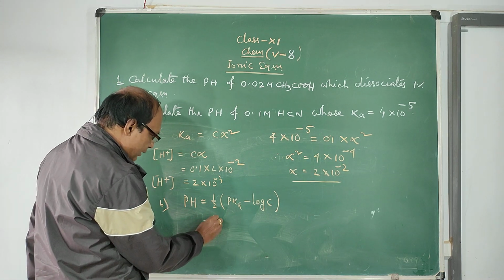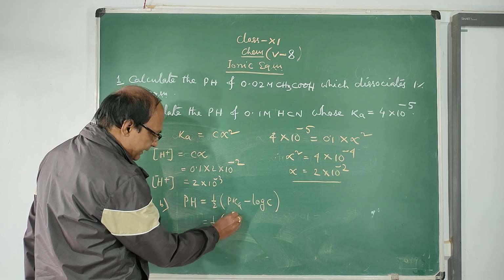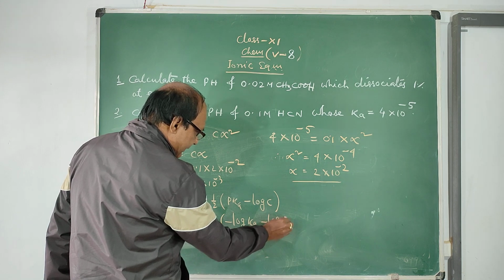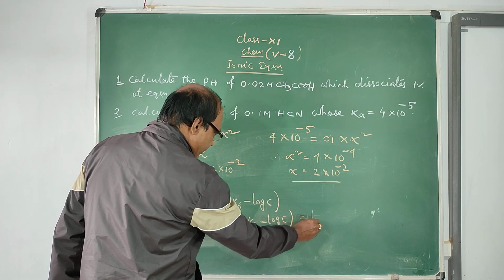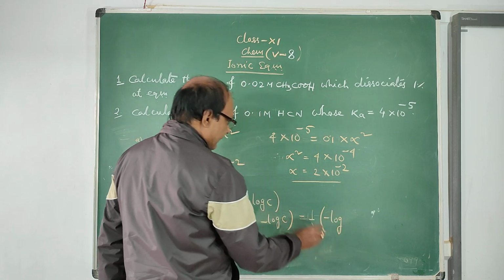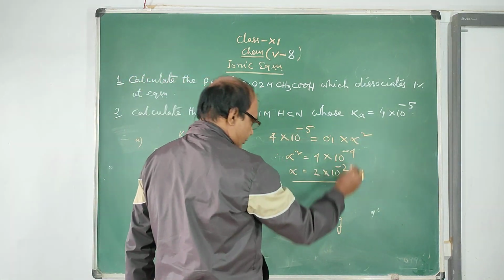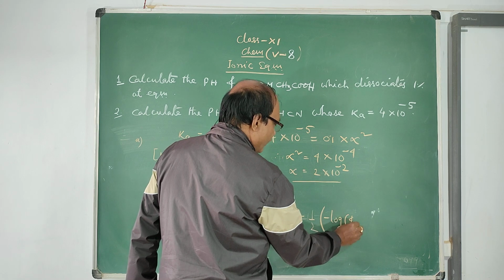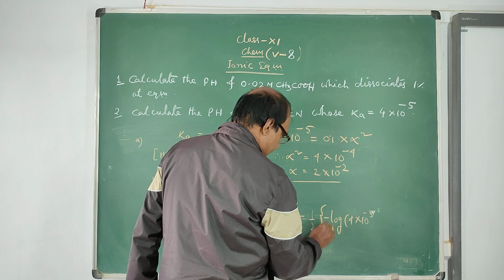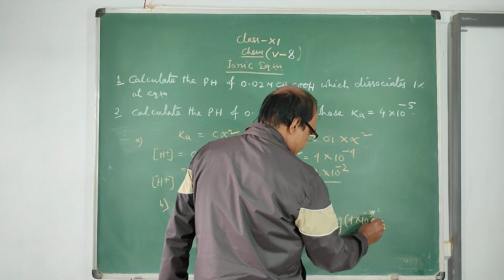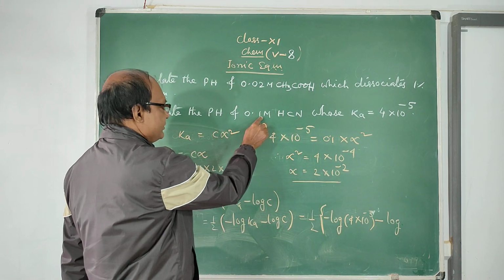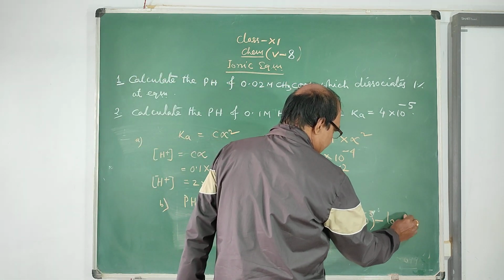So pH equals half of pKa minus log C, that is, half of minus log Ka minus log C. Ka is given in the question itself: Ka equals 4 into 10 to the power minus 5. So this is a double bracket, minus log C. What is the value of C? C is 0.1, 10 to the power minus 1.